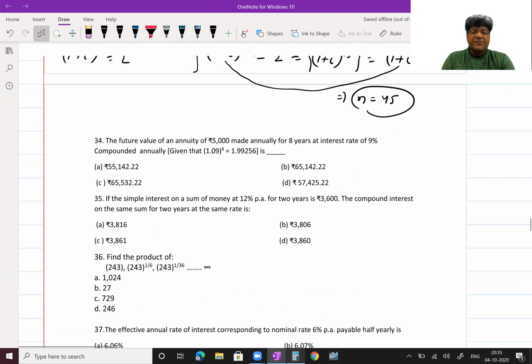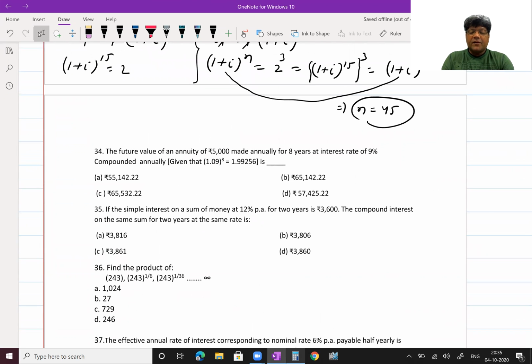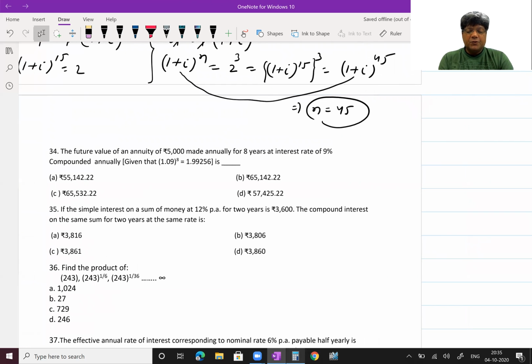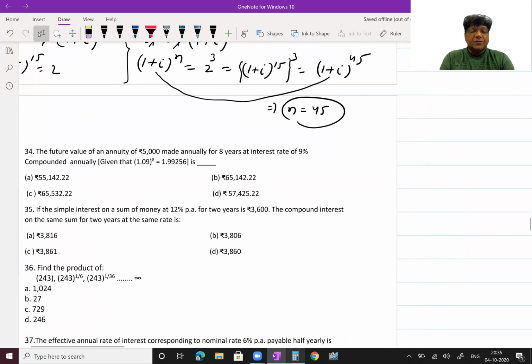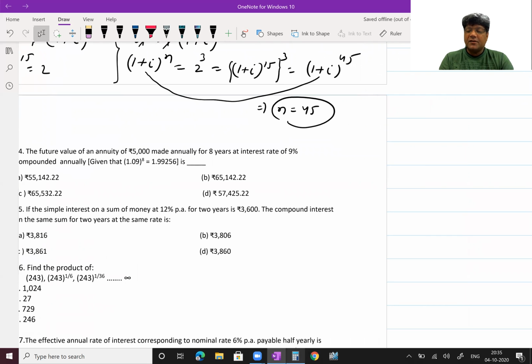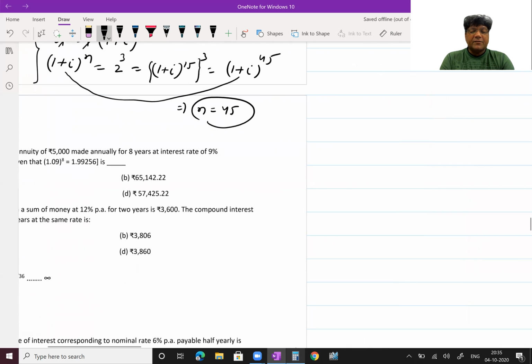34. Future value of an annuity of 5,000 made annually for 8 years at interest rate. Look here. Future value question. So future value of annuity question, you know the formula. They are asking directly the future value. Annuity is given 5,000. So guys, future value we are to calculate, A by i, 5,000 by i.